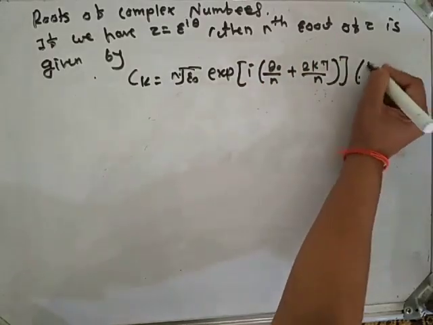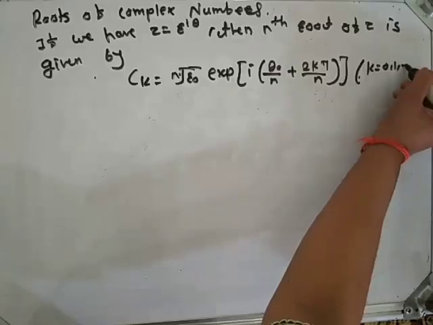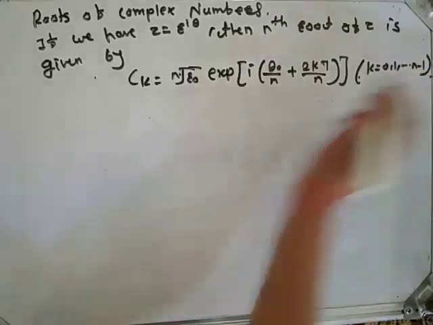Here k runs from 0, 1 and so on up to n minus 1.